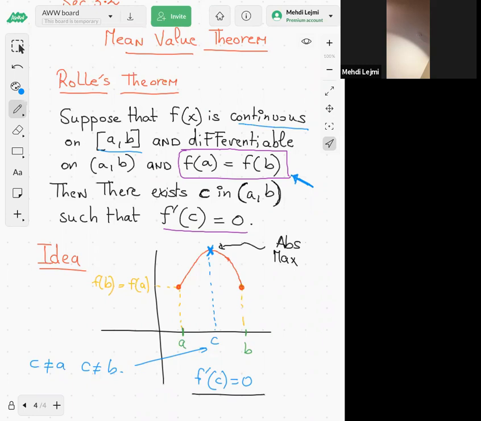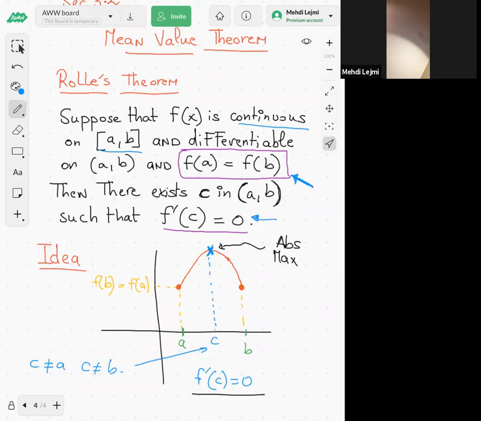Let me just say something here, guys. When you say the derivative f prime of c is 0, remember the geometric interpretation of the derivative is the slope of your tangent line. So if f prime of c is 0, it means that the slope of the tangent line is 0.